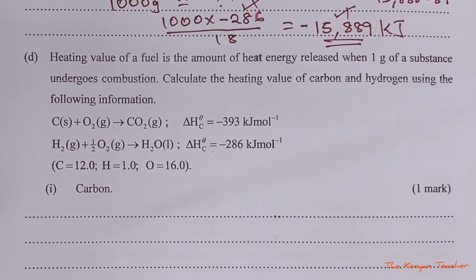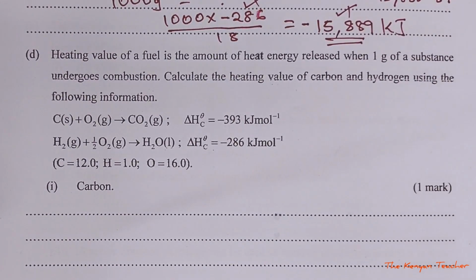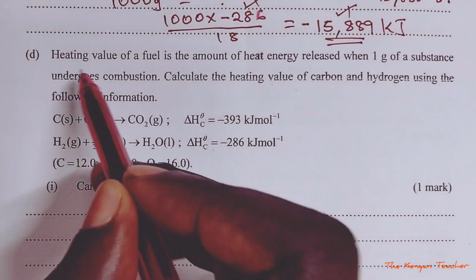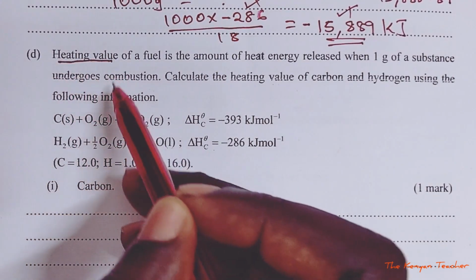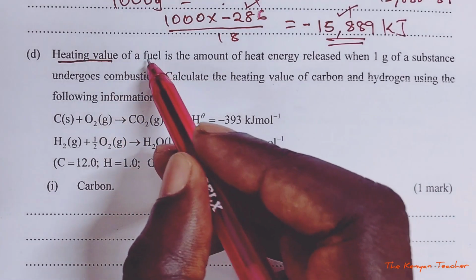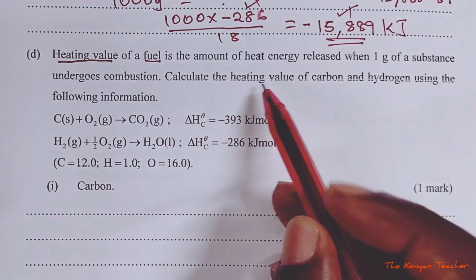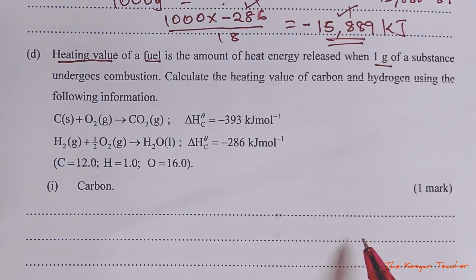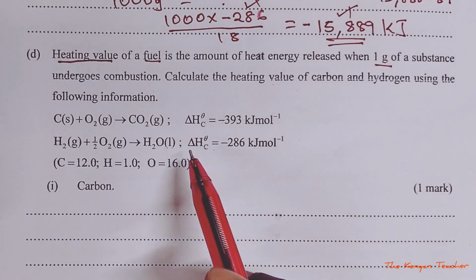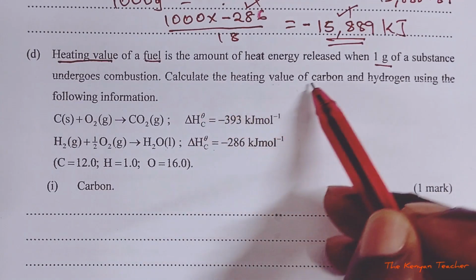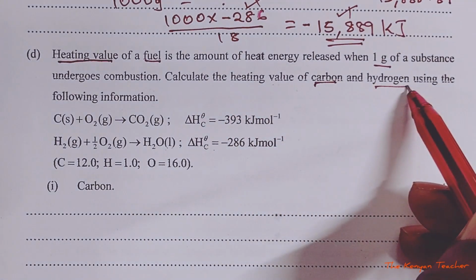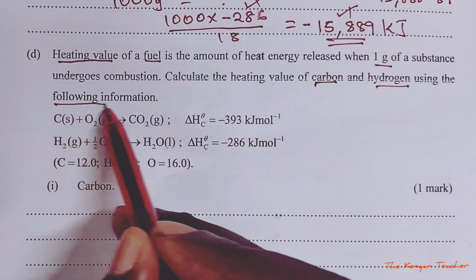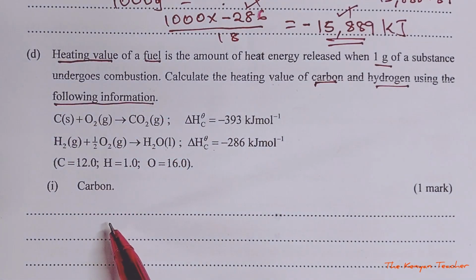In section D, we are informed that heating value or the calorific value of a fuel is the amount of heat released when 1 gram of a substance undergoes combustion. So we are told to calculate the heating value of carbon and hydrogen, of course, using the information given below here.